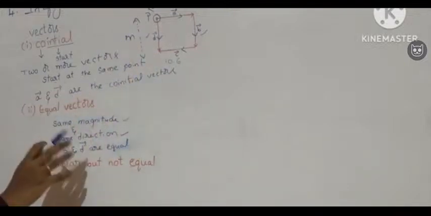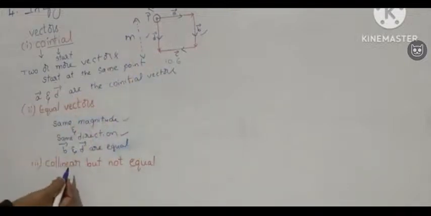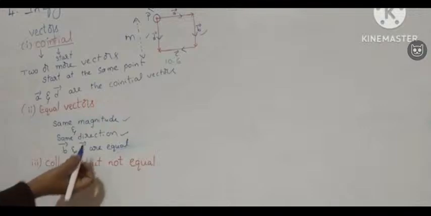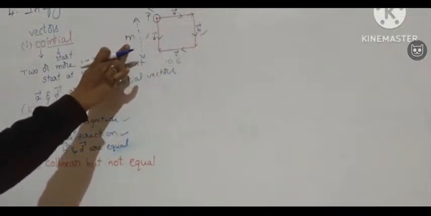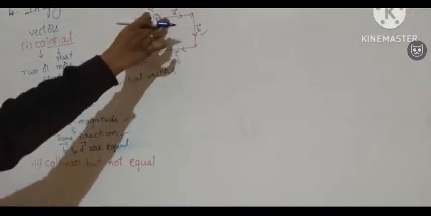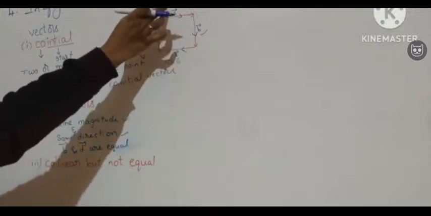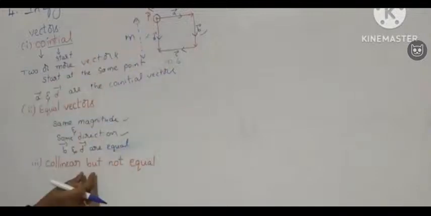Now we will check the definition. Collinear means two or more vectors are parallel to the same line. If you observe, B bar and D bar are parallel to M, and A bar and C bar are parallel to N. So both pairs are collinear.